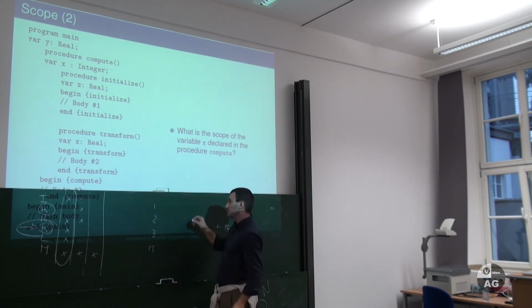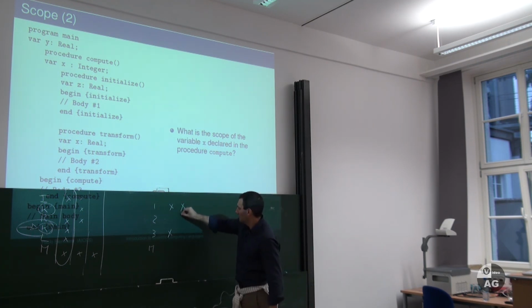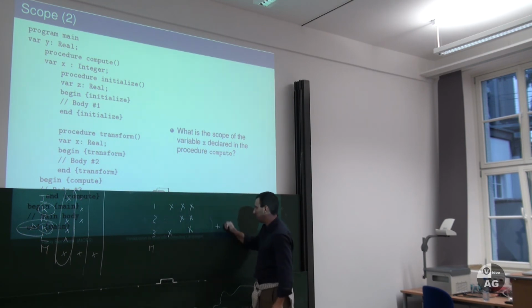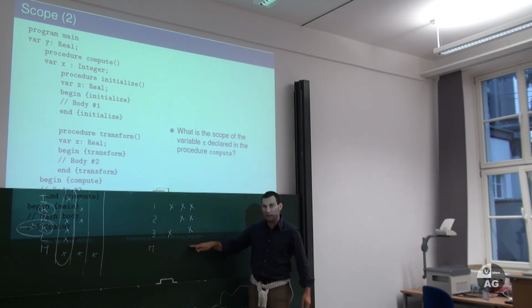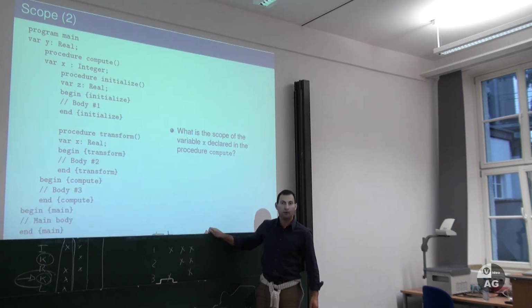What did you say? I said body 1 and 3. Okay. Other takes? 1, 2, 1, 2, 3. I like it. We're going for all the possible combinations.